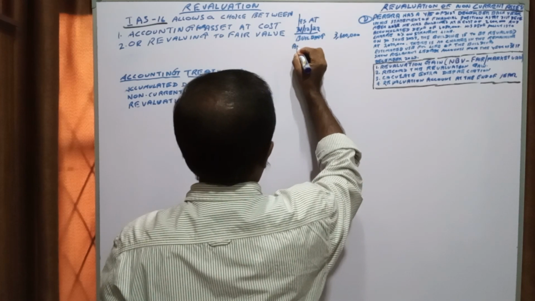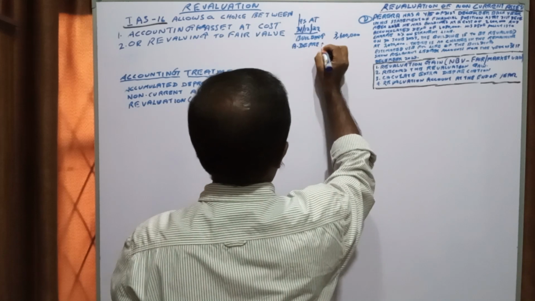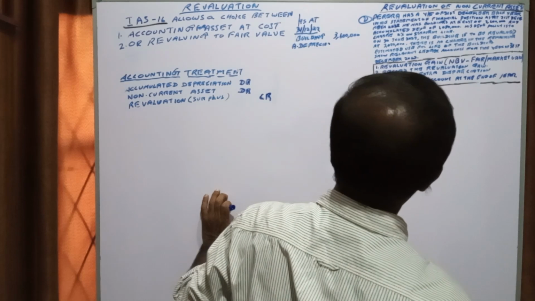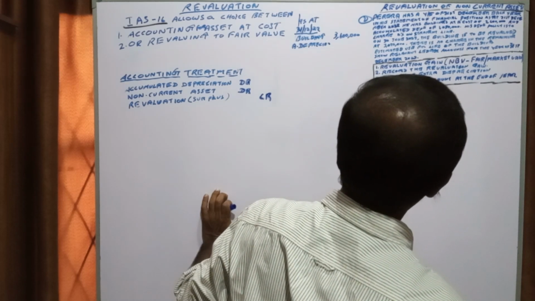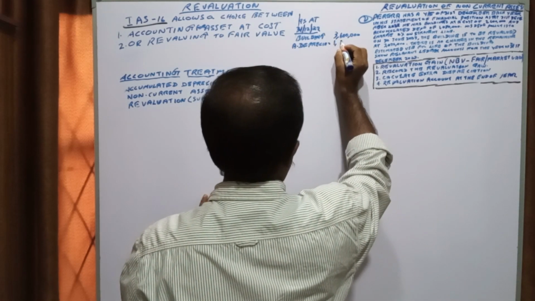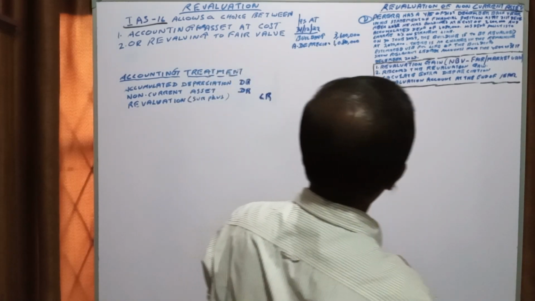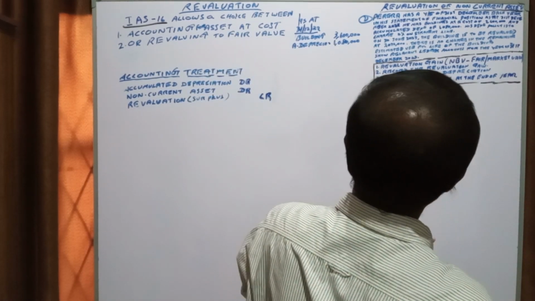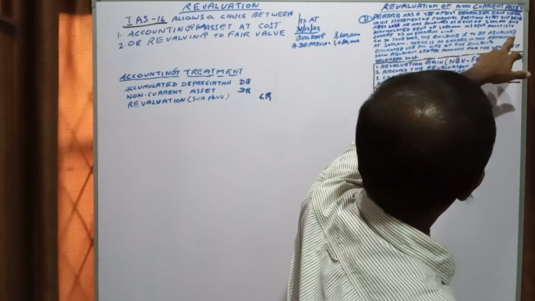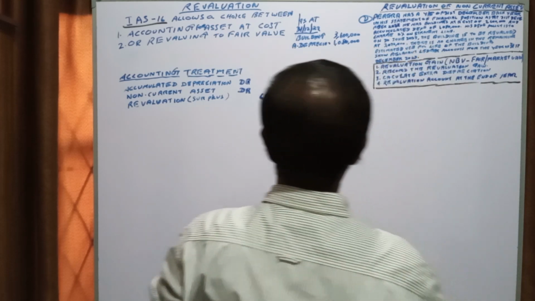Accumulated depreciation is shown as 1,080,000. His depreciation policy is to charge 2% on the straight line method.